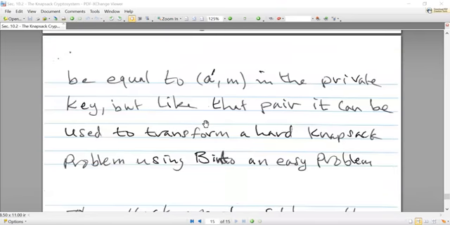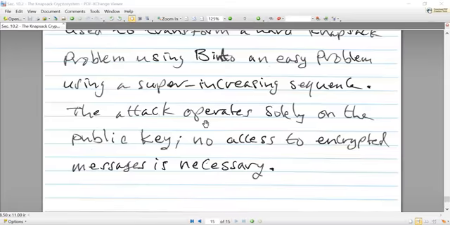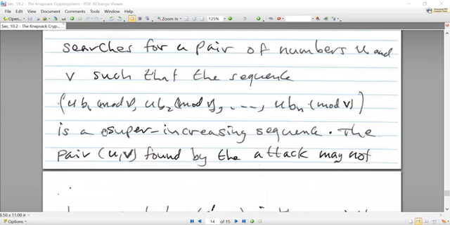So I'm just going to leave it out. In other words, they are just indicating how this is done without going through the details of finding this pair of numbers, which we call U and V.